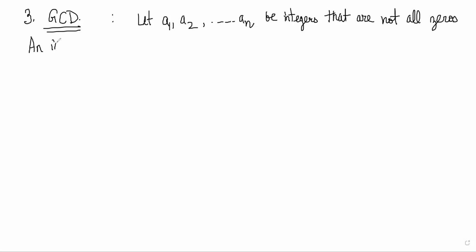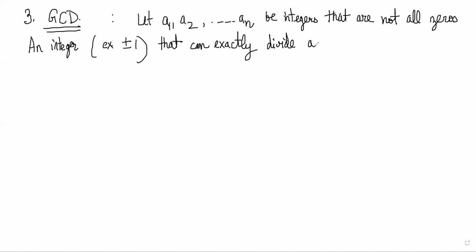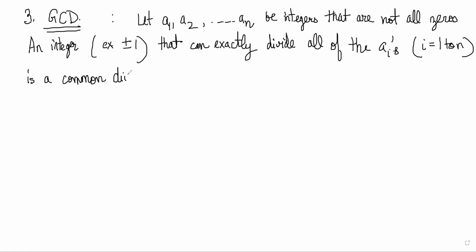An integer, for example, plus or minus 1, that can exactly divide all of these A1 to AN, all of the AIs where I goes from 1 to N, is known as a common divisor for the set A1, A2 till AN.